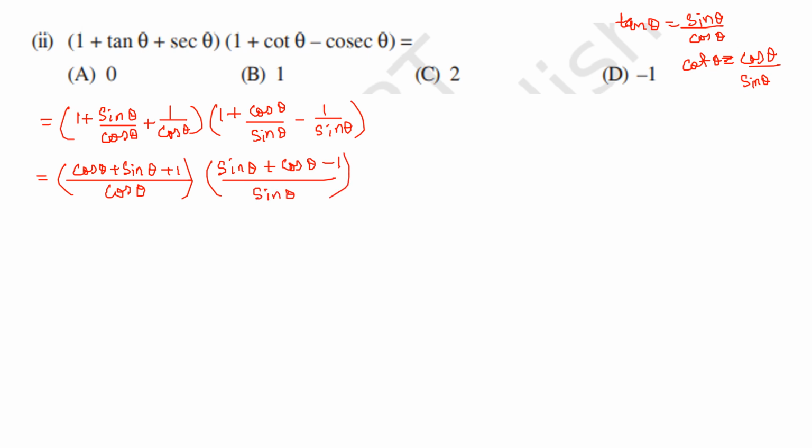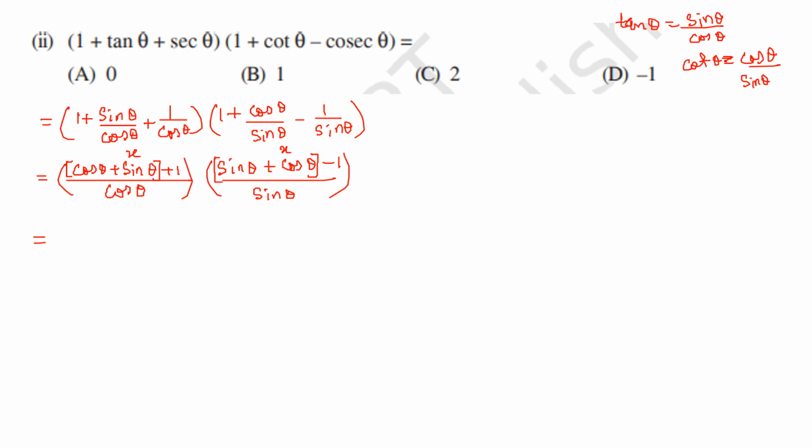Okay. Now you have to multiply. See, from here you can do it two ways. You can use an identity also. If you consider this as your x, this is also the same thing. So cos theta plus sin theta or sin theta plus cos theta, it's the same thing. So it is x plus 1, x minus 1. You remember the identity, isn't it?